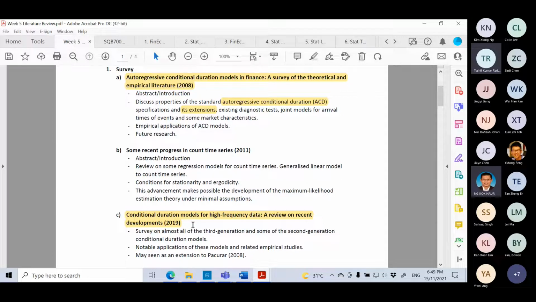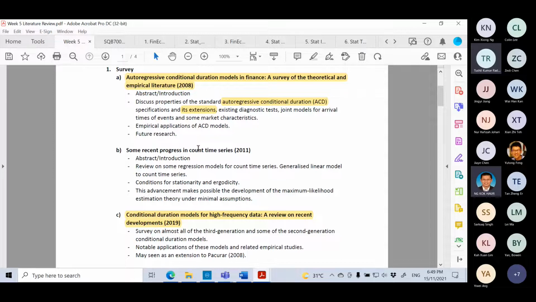Don't assume that a survey paper must provide you all the information. As I mentioned, this survey paper will help you a lot, but may not have all the information.